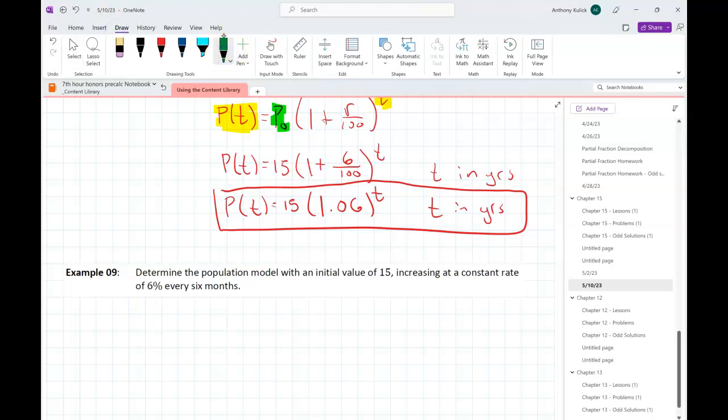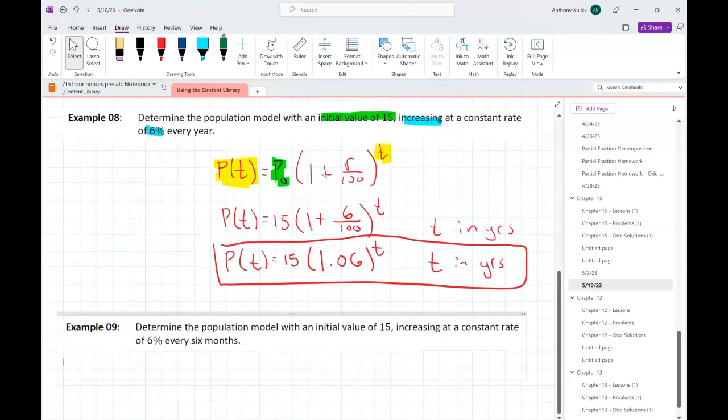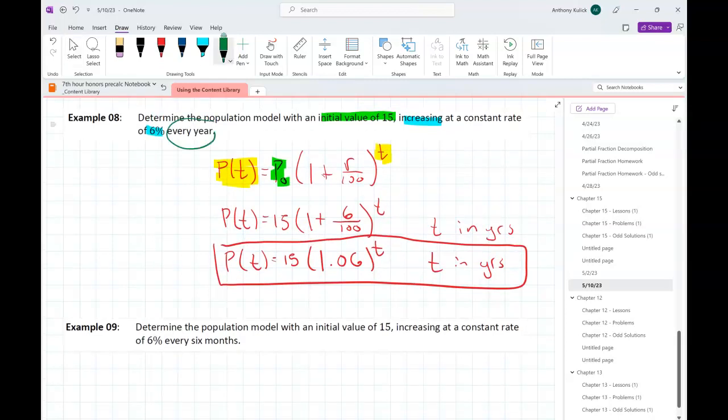So this reads almost identical to the previous example, right? What's the only difference? Yeah, the first one was a year, this one is 6 months. So this part is all going to be the same, right? Everybody's cool with that?